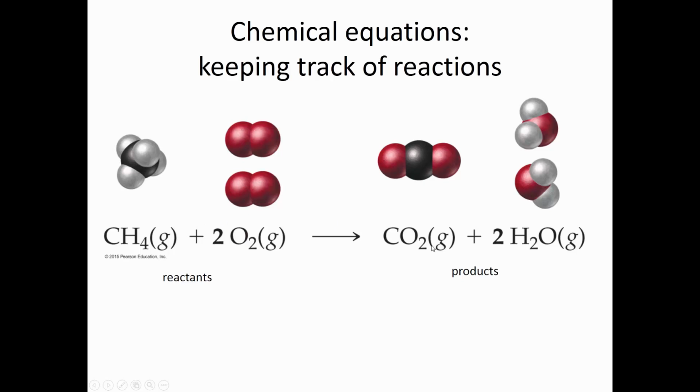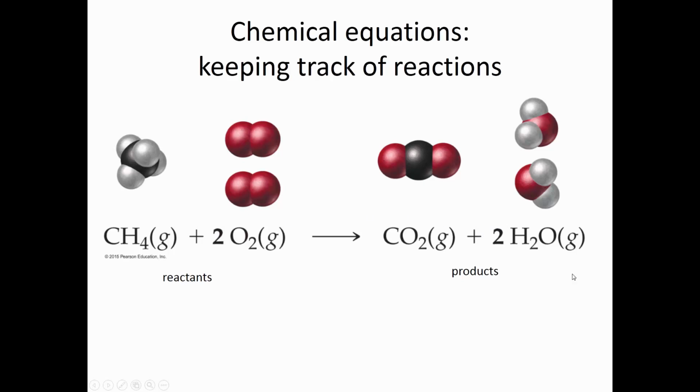The order within the substance does matter. So we would not, for example, write this as O2C. It is CO2. So the order within the substance matters. The order of the substances does not matter. And then we also have these numbers.